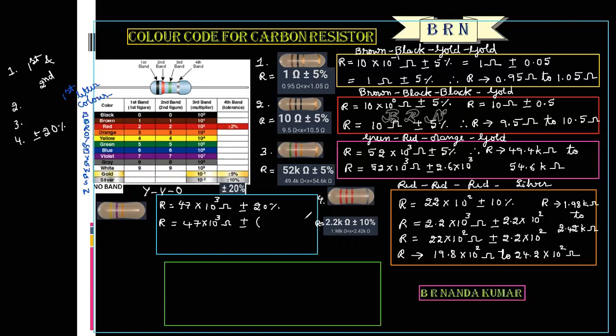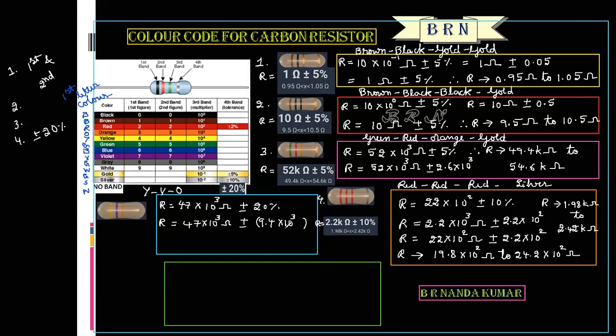Here we have to find 20% of 47 into 10 power 3. First we calculate 1%, which is 470. 470 into 20 is 9,400, that is 9.4 into 10 power 3.